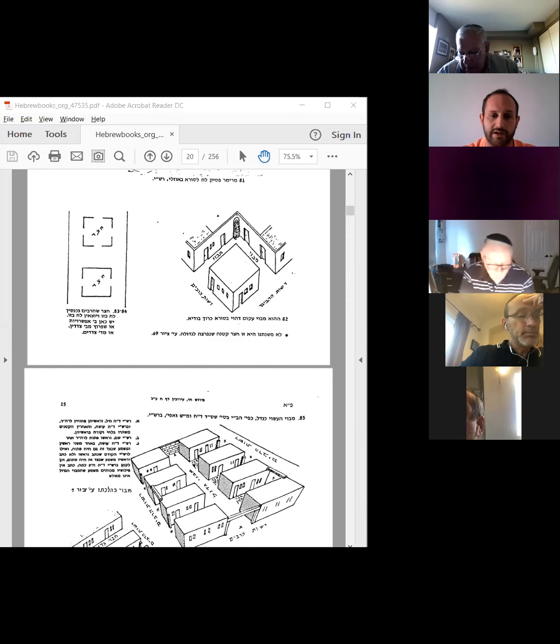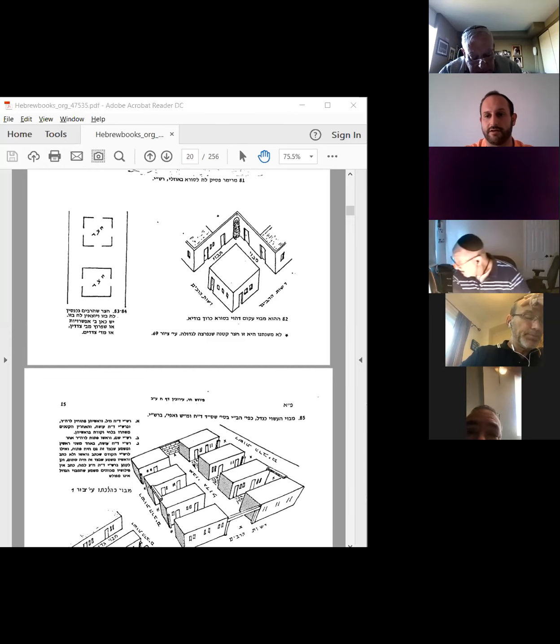You may have said differentiate between using the area by throwing things to it, Zrika, as opposed to Tiltul. Right? You may have said maybe for Zrika you're allowed, but Tiltul you're not allowed. So it teaches us that you're allowed to do both Zrika and Tiltul in that area.